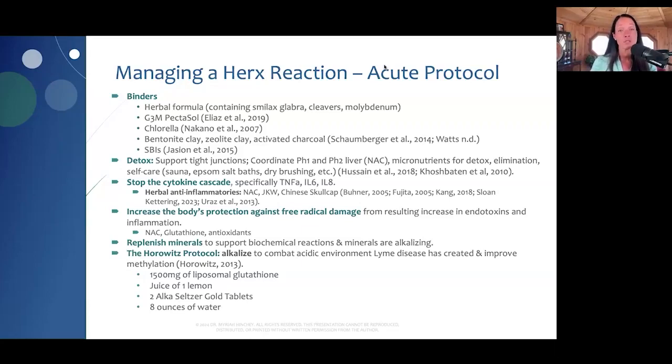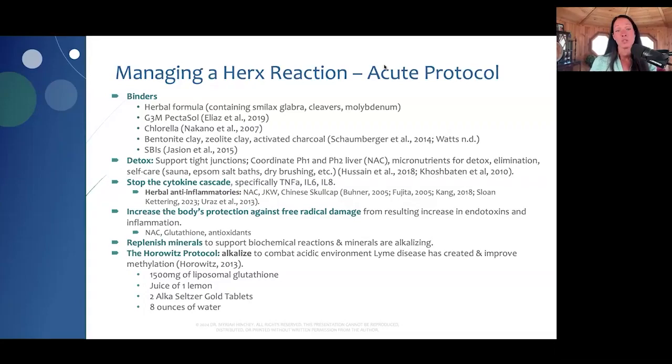And then there are various herbs that we can use to help to inhibit the inflammatory cytokine cascade. My favorites being N-acetylcysteine, Japanese knotweed, and Chinese skullcap. We also need to make sure that we are protecting the body against free radical damage. I love using NAC and glutathione for this.